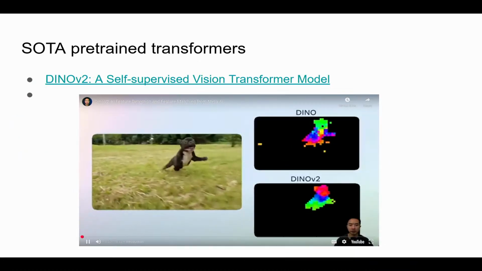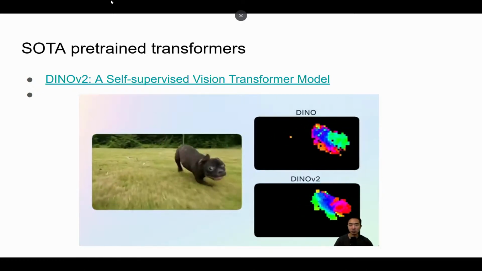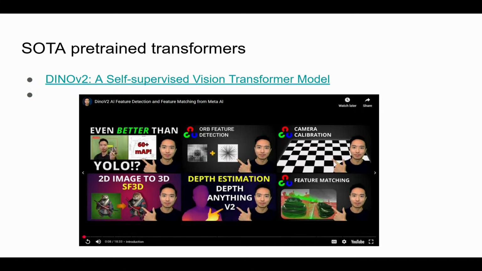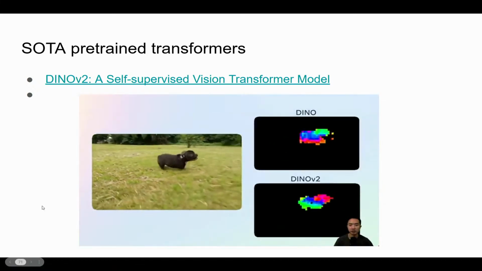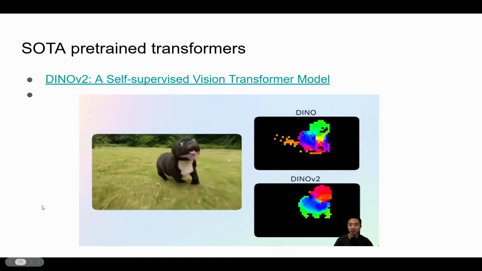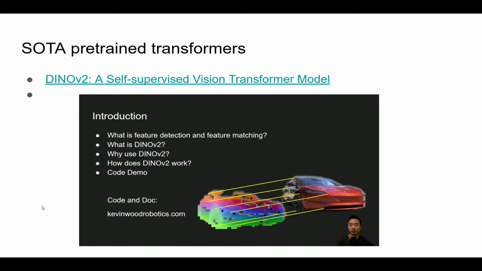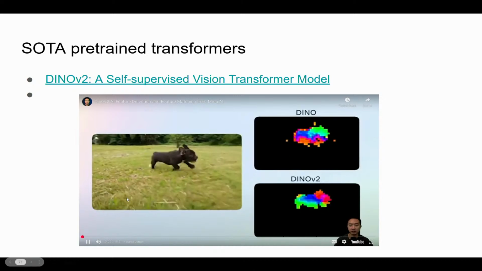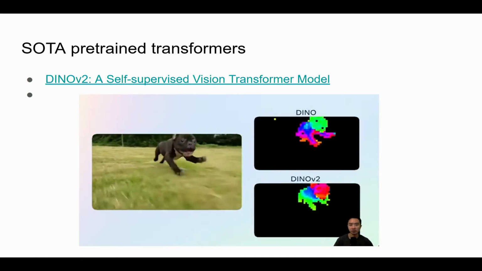We can now detect features in almost any images. And if you want to look at the state of the art, at least half a year ago or one year ago, in image processing, you can look, for example, at DINOv2. This is self-supervised pre-training.